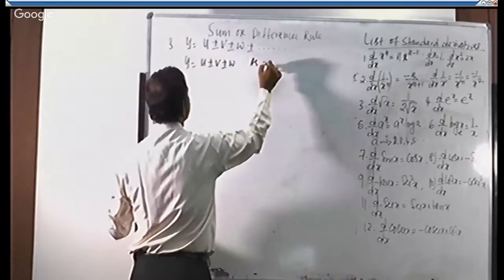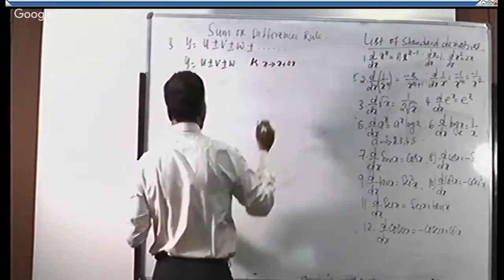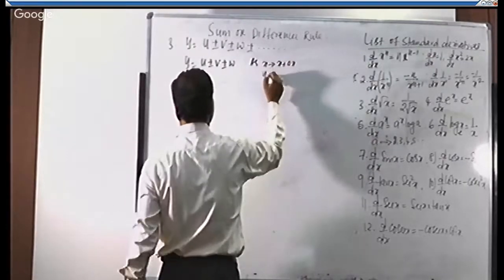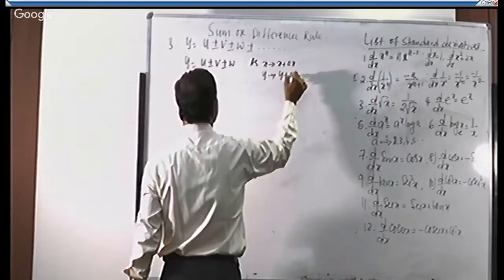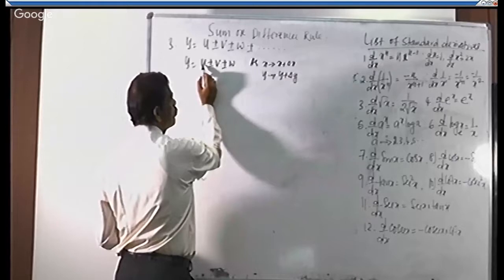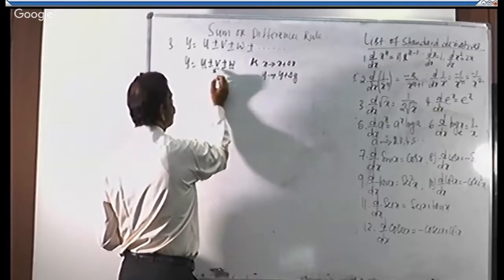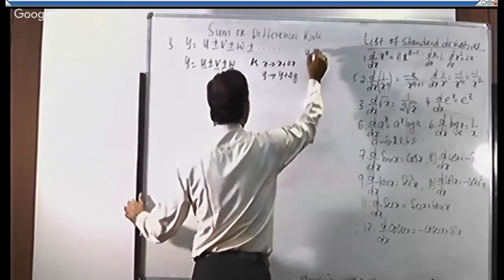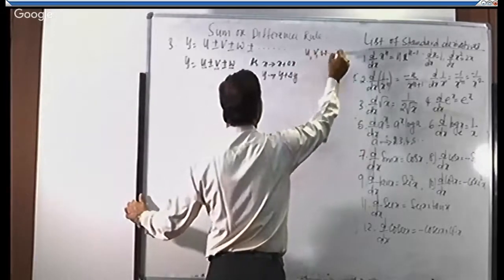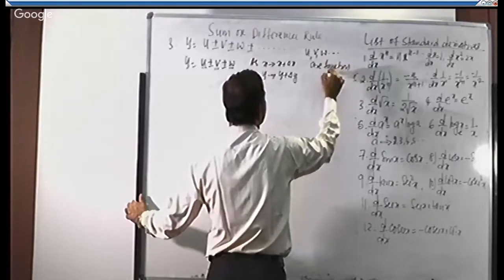As x changes to x plus delta x, y changes to y plus delta y. But here we don't have x, correct? We have u, v and w. These u, v, w, etc. are functions of x.